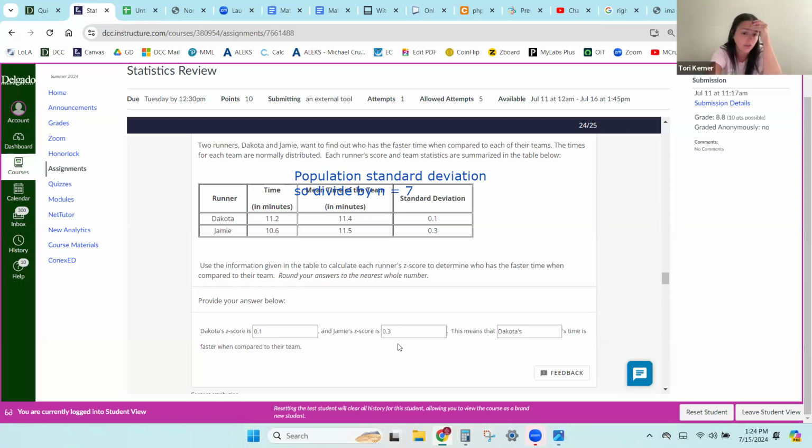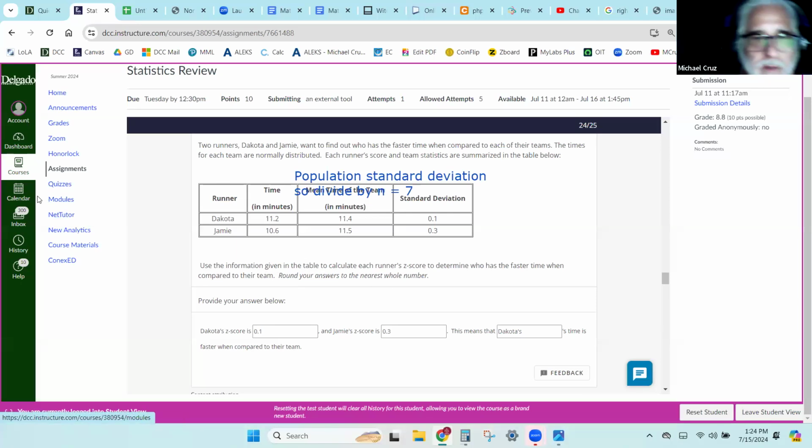I got a completely different answer. Because it says to find the z-score. Yeah, I apologize, I was just noticing that. Use the information given to calculate each runner's z-score. I didn't see that. I apologize.